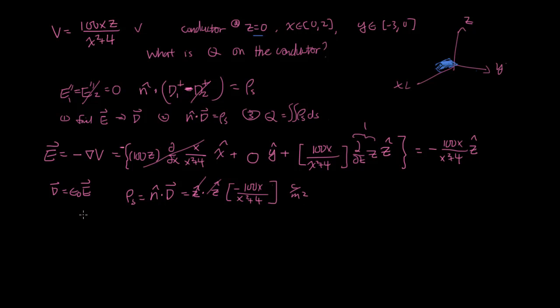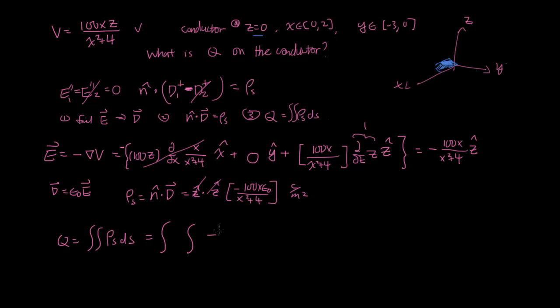Now we have a surface charge density. We revert back to chapter 1, chapter 2 knowledge, where you say, I have a surface charge density, how do I find the total charge? So the total charge would just be equal to the surface charge integrated over the area. Now all that stands between us and victory is math. I forgot this epsilon naught here because we're looking at the electric flux density and not the electric field.